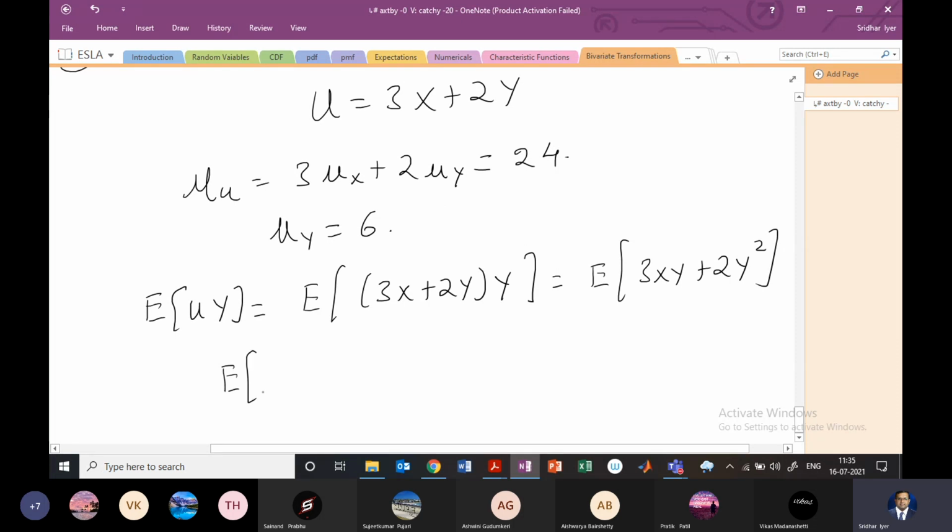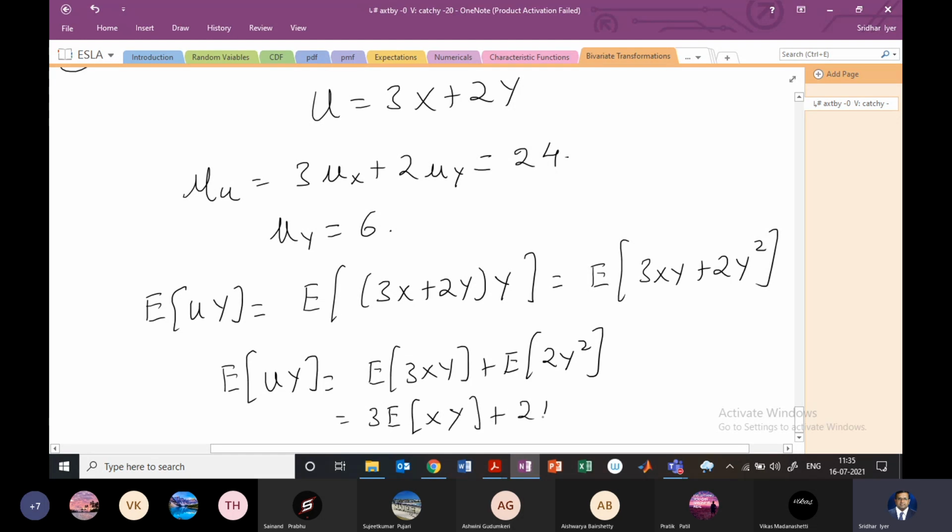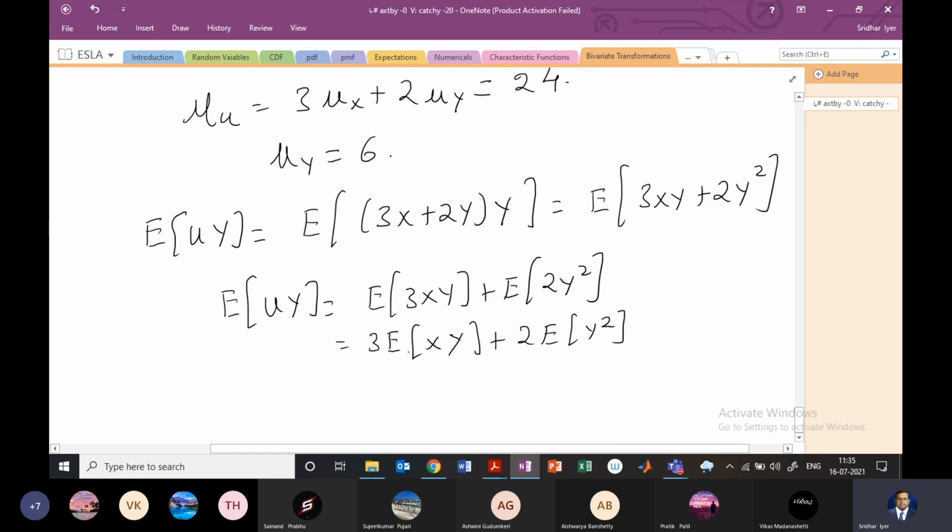So E of uy will be E of 3xy plus E of 2y square, which will be 3 E of xy plus 2 E of y square. E of xy we already have, which is negative 0.5.